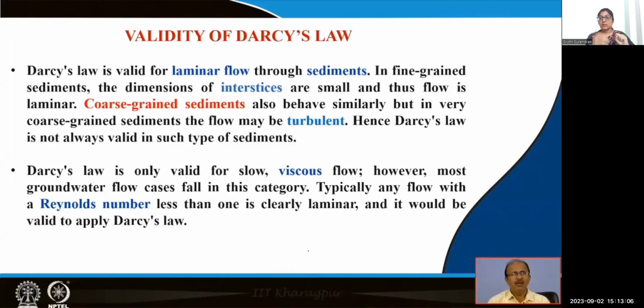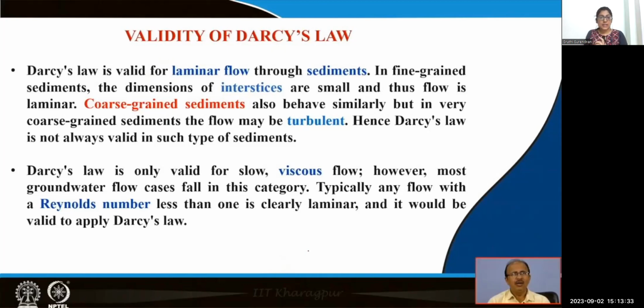Laminar flow is nothing but a smooth flow through the material, and according to Darcy, this law is valid only for laminar flow. In soils, there are both kinds of flow. There can be laminar flow as well as turbulent flow, but Darcy's law is only valid for the soil materials through which laminar flow happens.